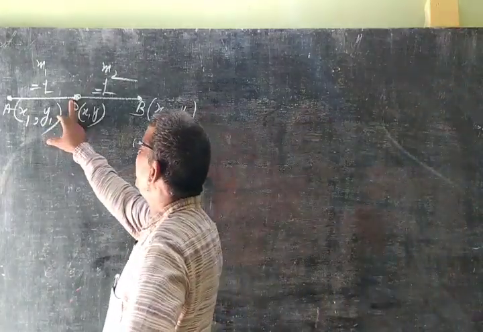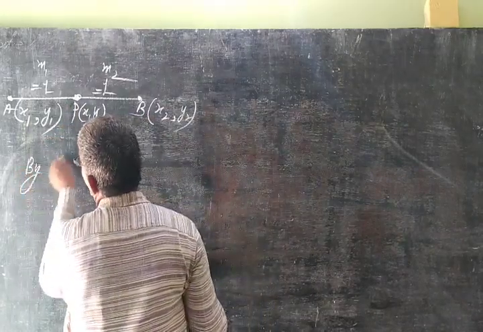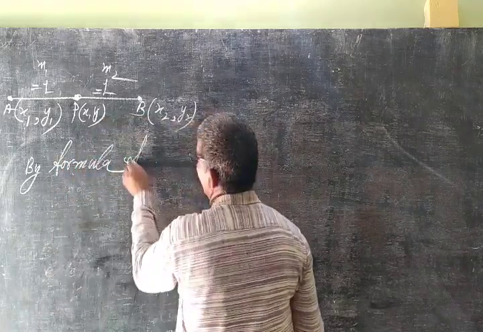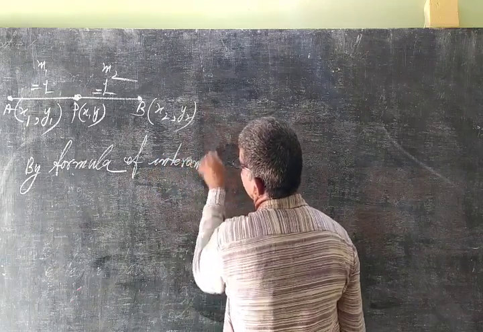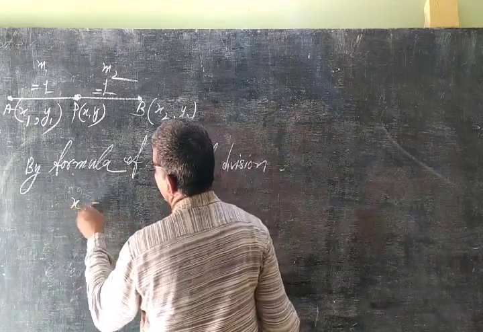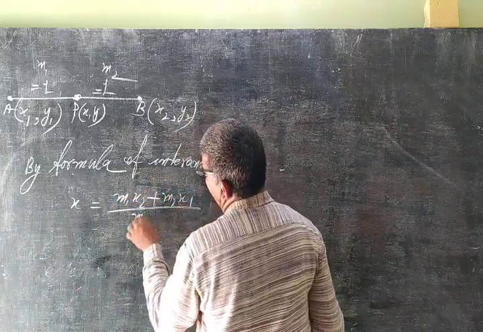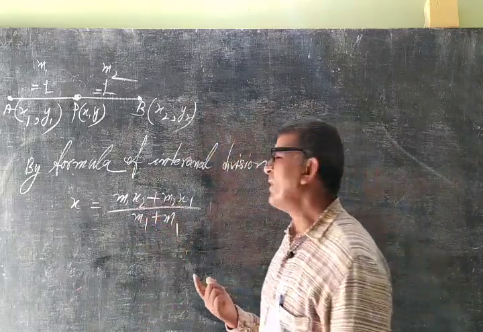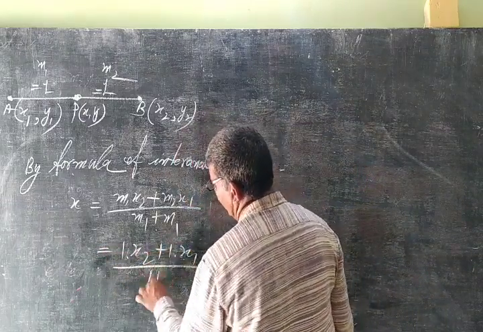Now, if this is midpoint, then by formula of internal division, x equal to (m1 x2 plus m2 x1) upon (m1 plus m2). Now we know that m1 and m2 both are equal to 1. That is why 1 into x2 plus 1 into x1 upon 1 plus 1.